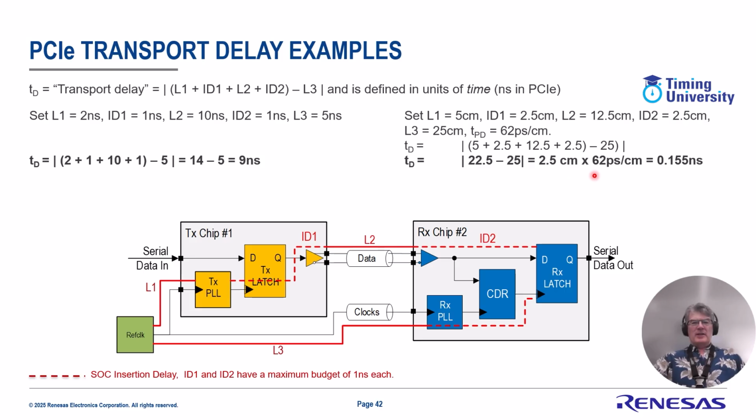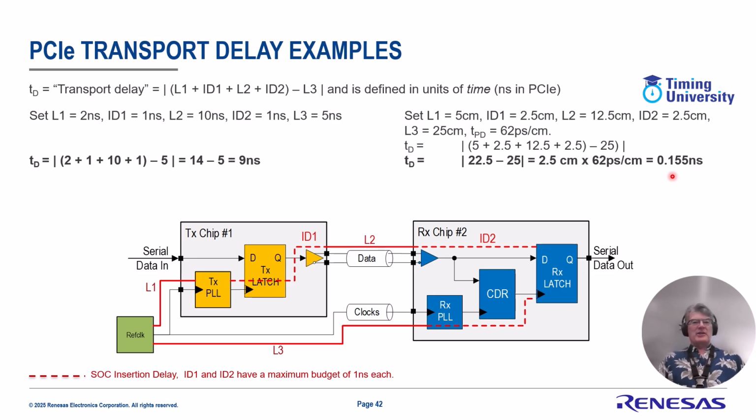And I'm saying that our propagation delay in the part or on the circuit board is 62 picoseconds per centimeter. So when we multiply the intrinsic propagation delay times the length, we get a transport delay of 0.155 nanoseconds or 155 picoseconds.